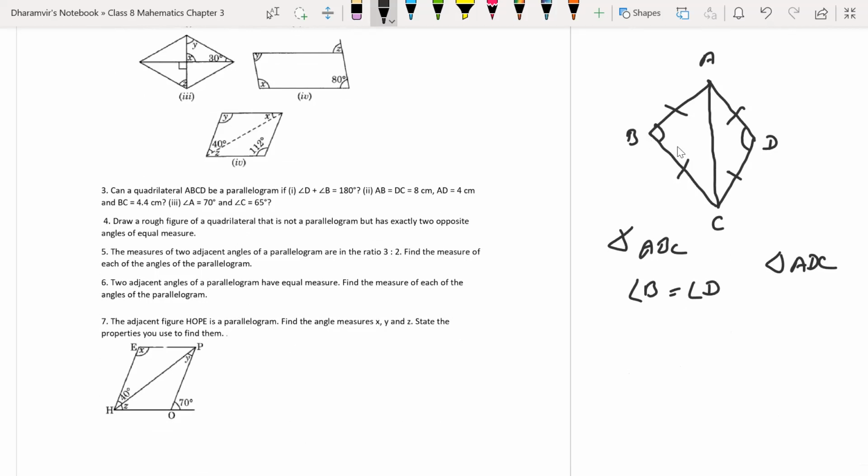Corresponding parts of congruent triangles B and D become equal, but this is not a parallelogram because the measures of the remaining pair of opposite angles, that is A and C, are not equal, since they form angle between equal sides. So this is the figure, this is the solution for question number 4.